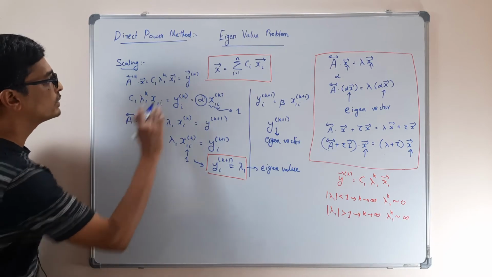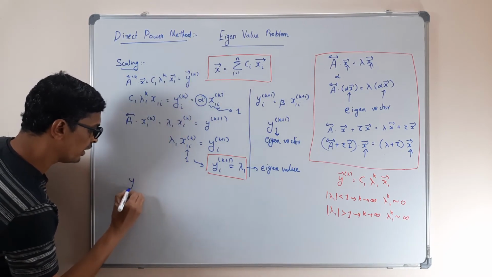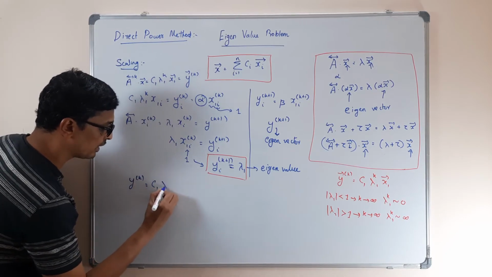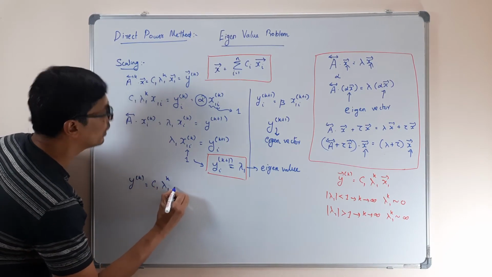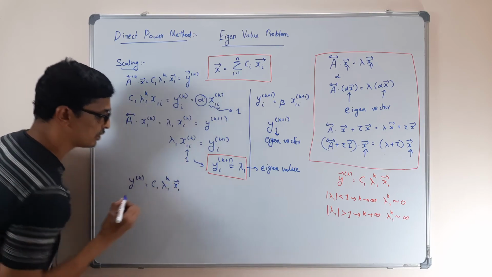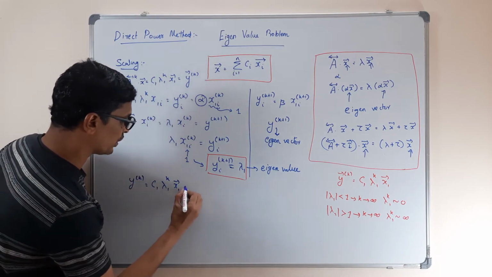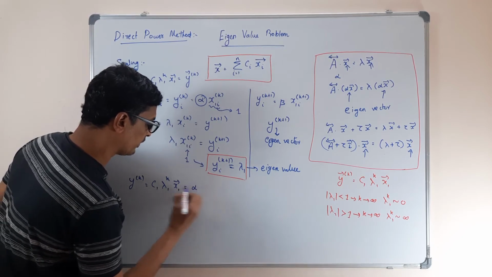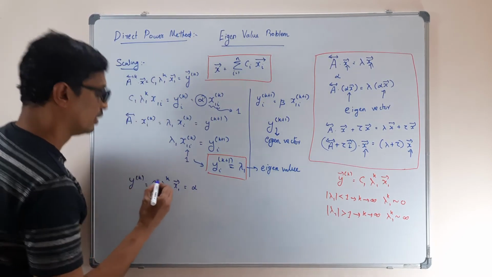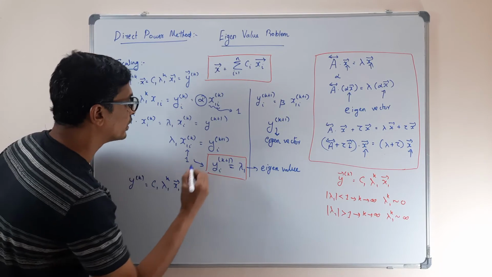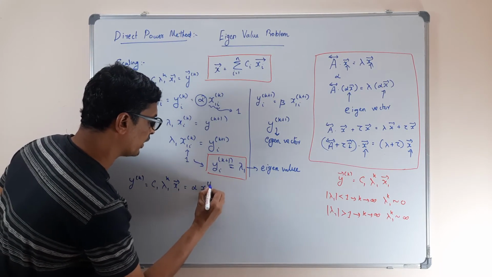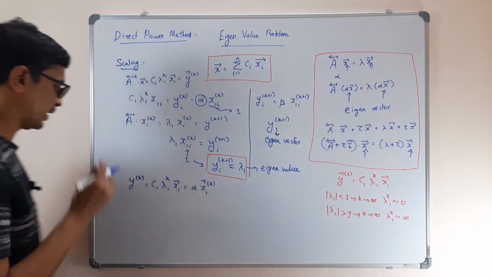What we had is y of k will be equal to c1 lambda 1 to the power of k into x1 vector, which we wrote as alpha times, say, x1 of kth vector. We wrote it like that.